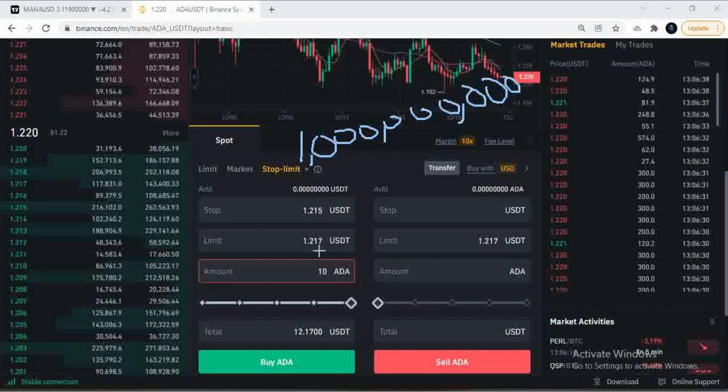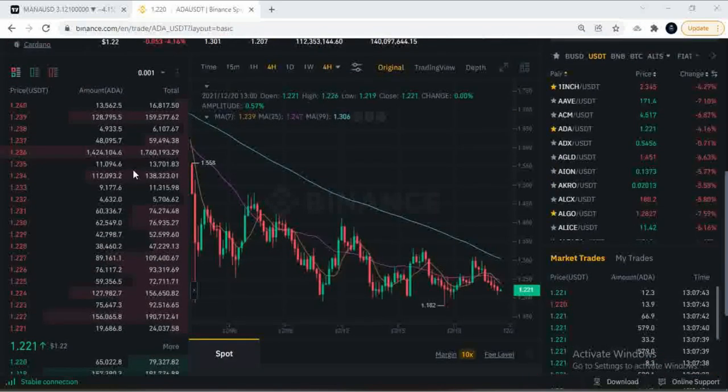This will not be able to execute immediately, because if you look at 1.27 here, you can also see what quantity is here. These are buying quantities. Let's look at selling quantities at 1.217.